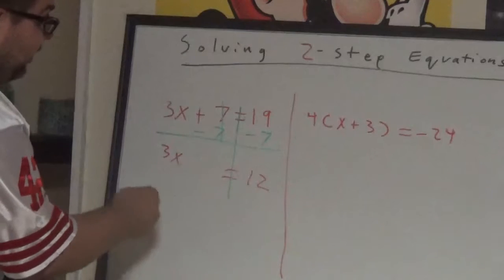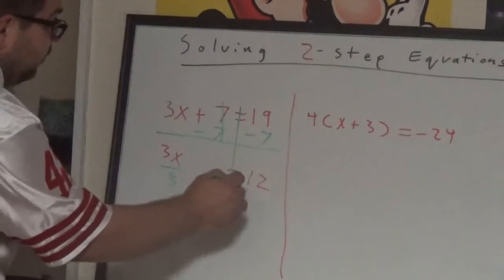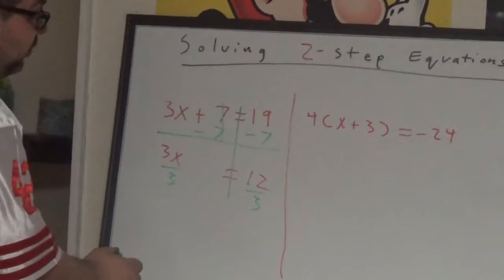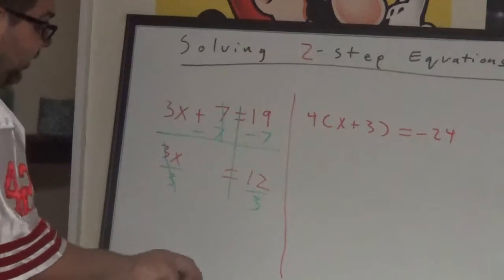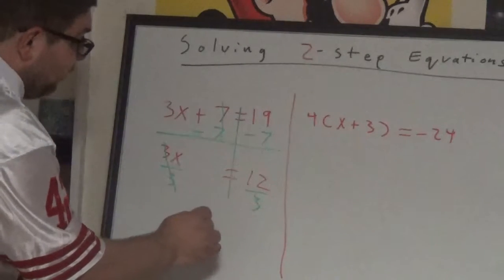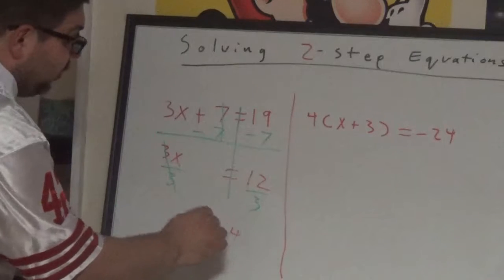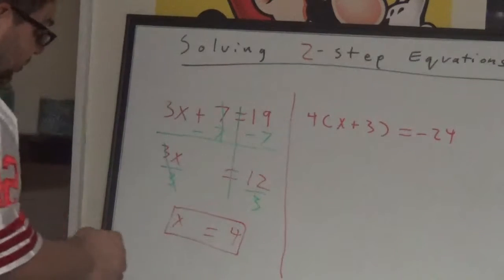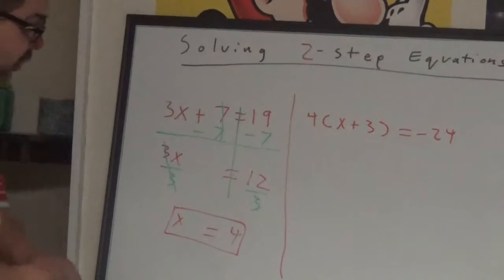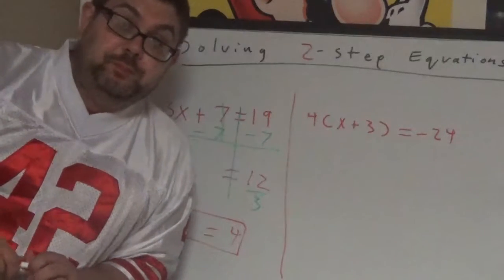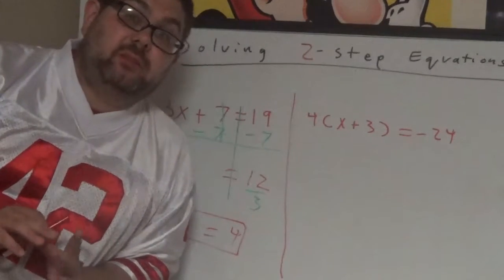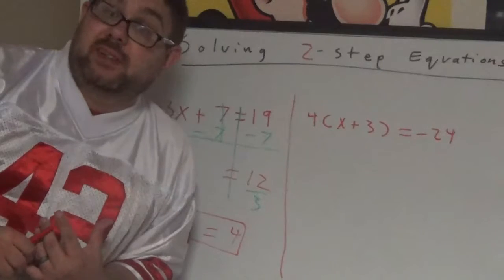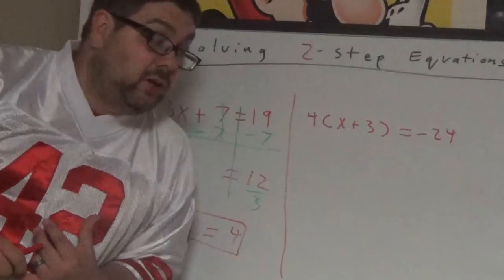Now we can divide by 3 on each side. Cancel my 3s. X equals 12 divided by 3 is 4. And we get x equals 4. Simple. That's probably the most basic kind of two-step equation that you're going to see.